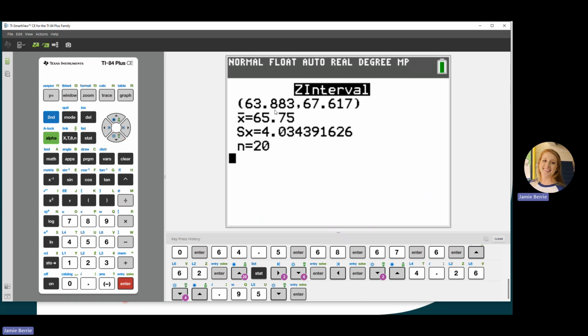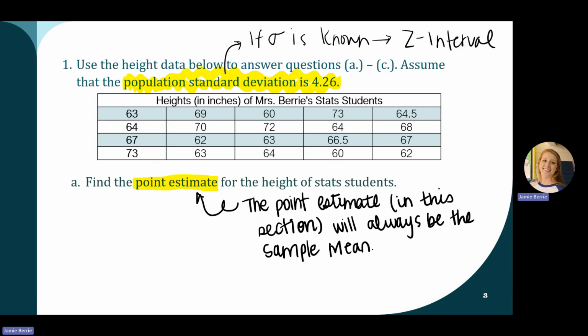And see how it put the sample mean in there for us. We'll go ahead and write that down. The sample mean was 65.75. X bar, that's our point estimate, is 65.75 inches.